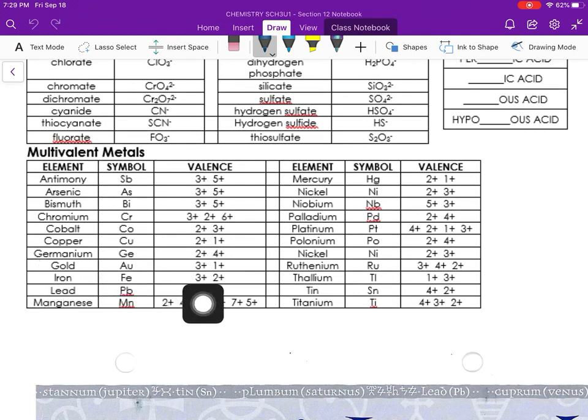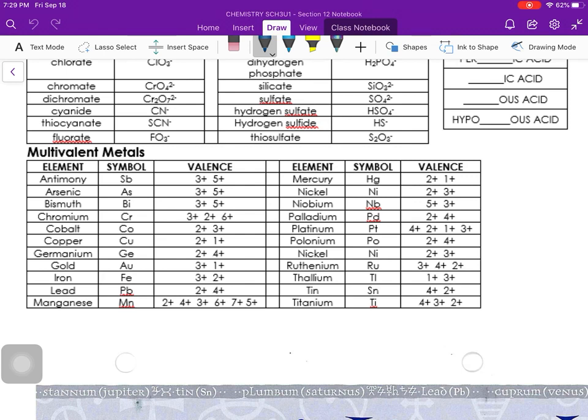And iron over here can be a 3+ or a 2+. So in 4U we will get into details about multivalent ions. If you take a look at all of the different names here and look up where they are found.